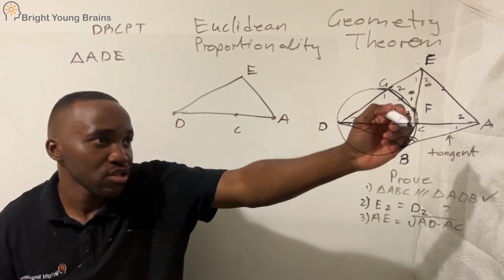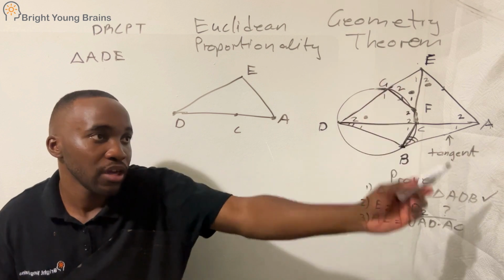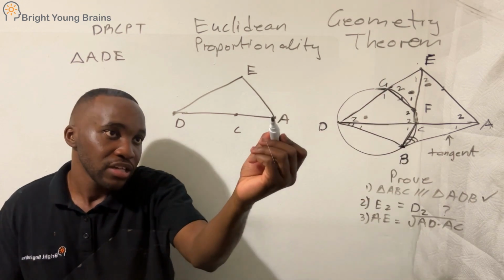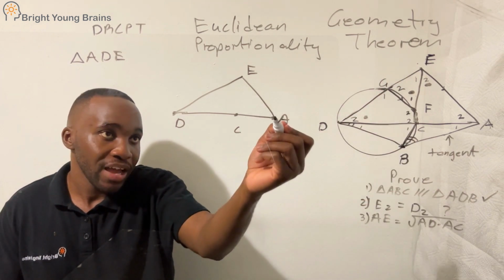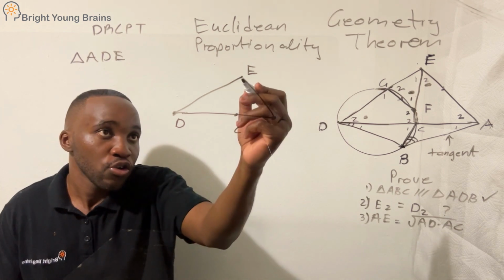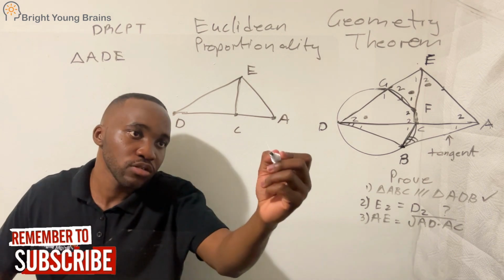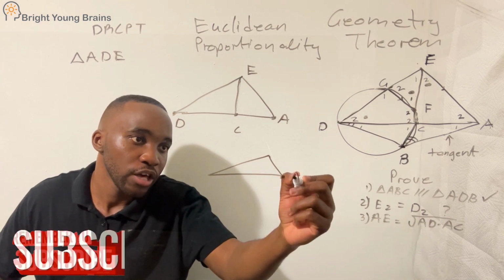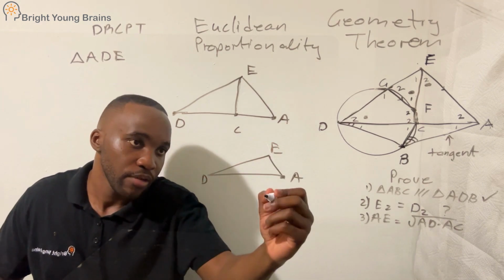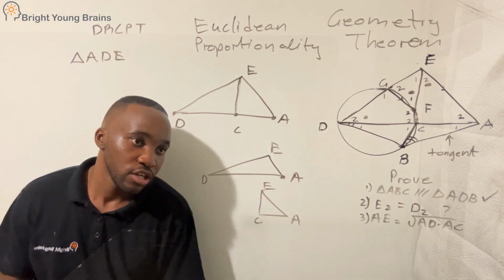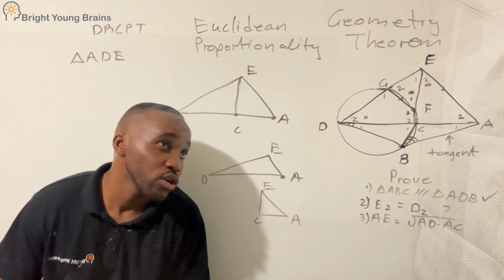And the basic one is this one, ACE. From the line AC and from the line AE, we are able to draw two triangles. The two triangles that we have there are AED and ACE. Those are the two triangles we're going to work with.